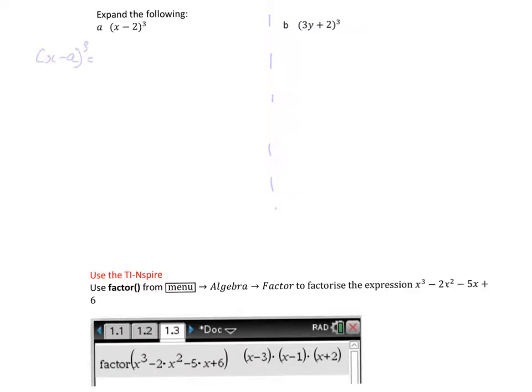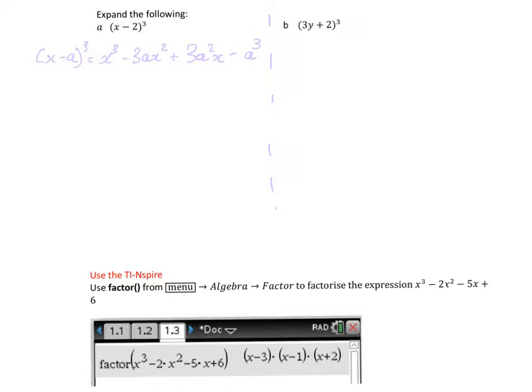And the expansion for that is the first term cubed minus 3 times the second term times the first term squared plus 3 times the second term squared times the first minus the second term cubed.